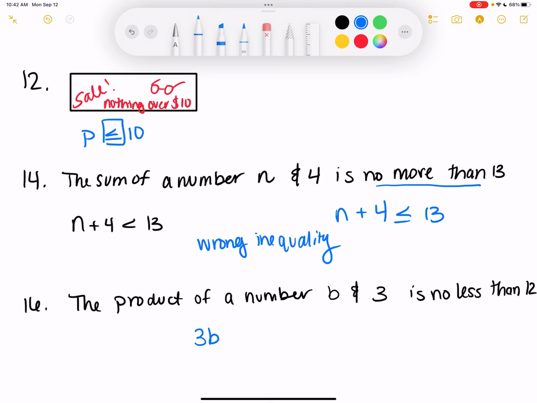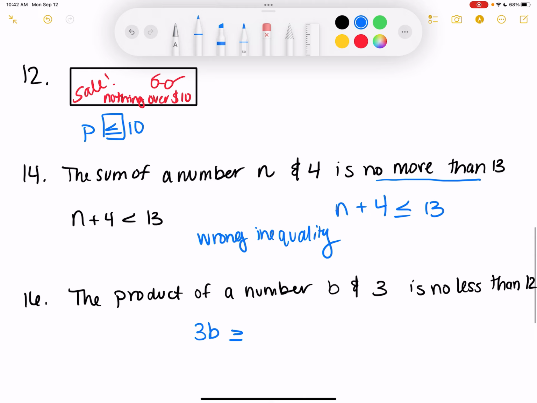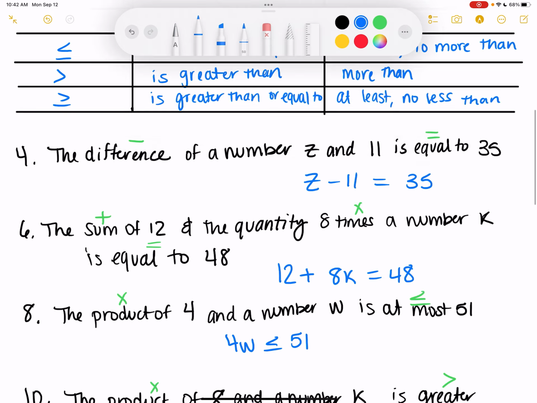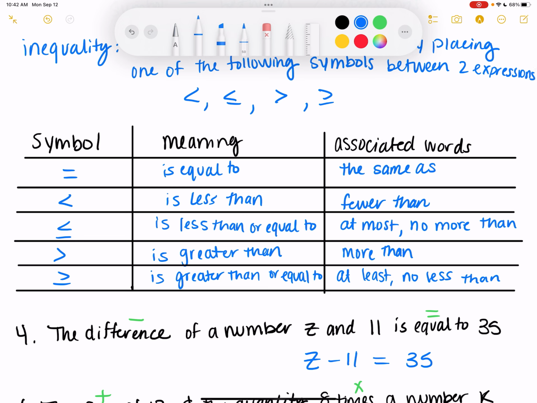So if it's no less than, which one am I looking for? Less than. The other one. You were right about the or equal to part. It's not less than, it's what? More. So no less than goes with greater than or equal to.